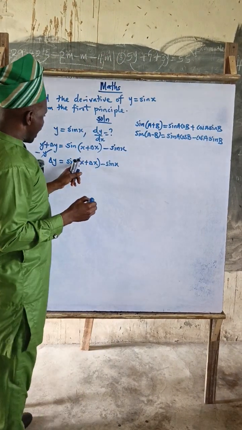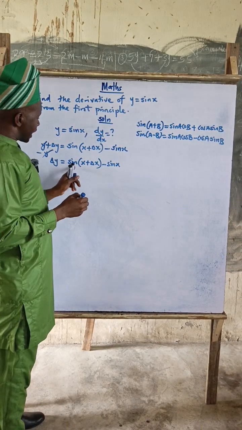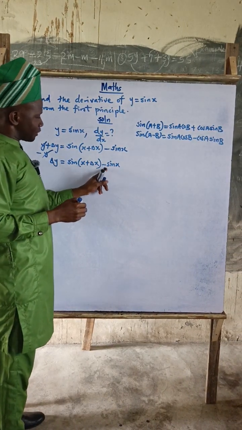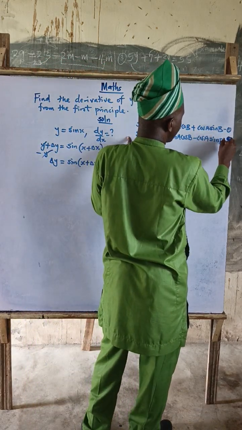Now, here we have sin(x plus delta x) minus sin x. Label this one equation 1 and this one equation 2.